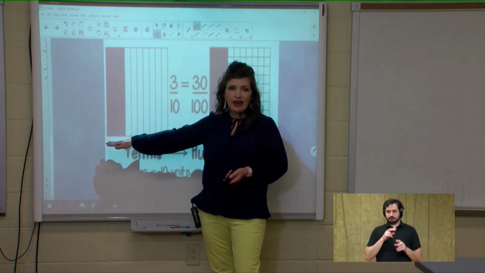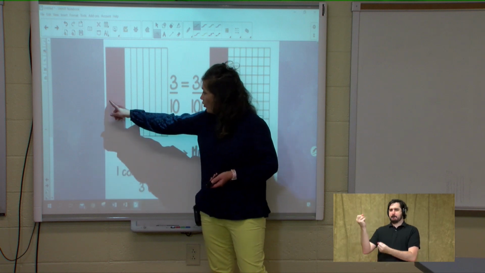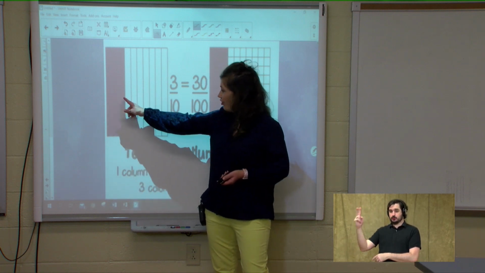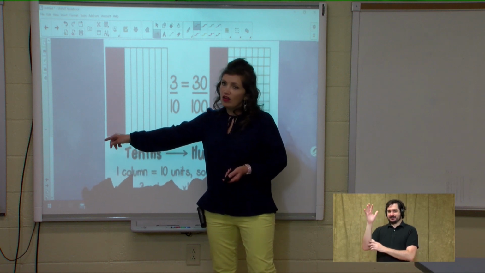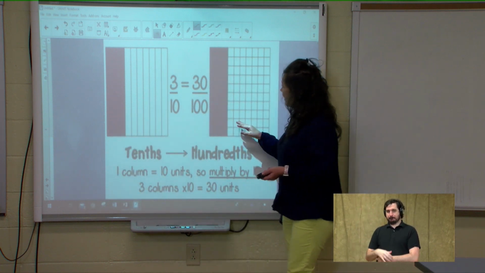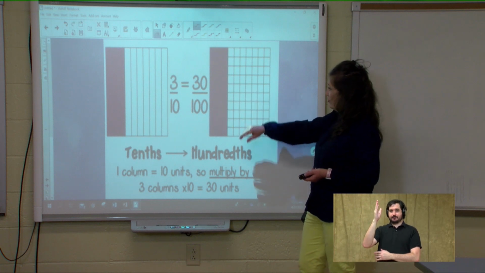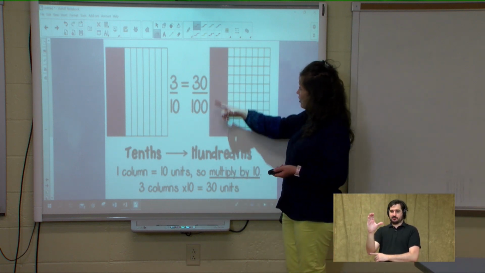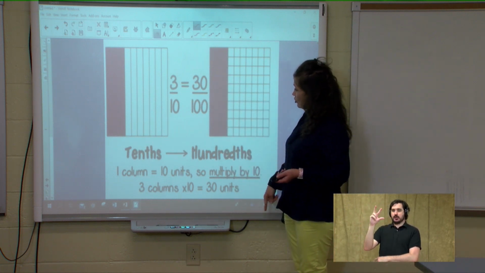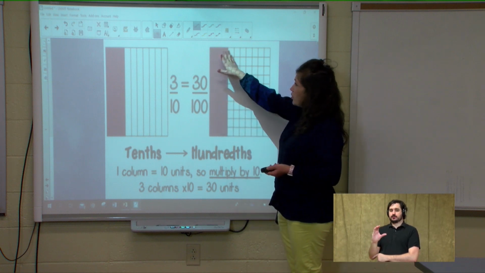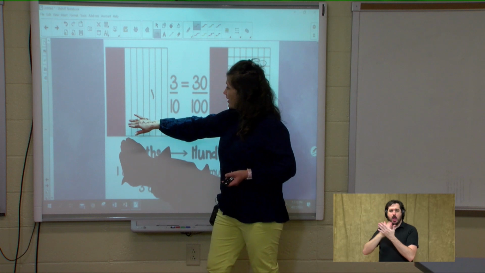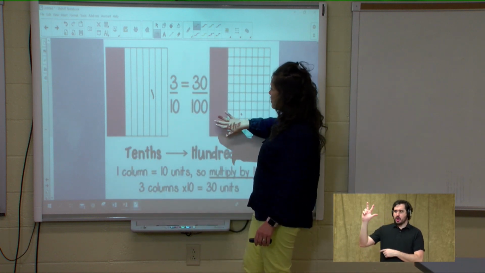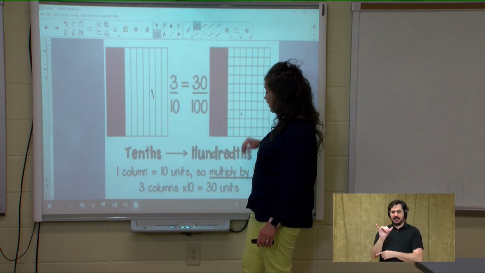All right. Let's look at this one. How many tenths do we have shaded over here? 1, 2, 3. We have 3 tenths shaded. All right, now let's look at our hundredths tile. We have 10, 20, 30 hundredths. But if you look at the pink amount shaded, we can see that 3 tenths is the same amount as 30 hundredths.